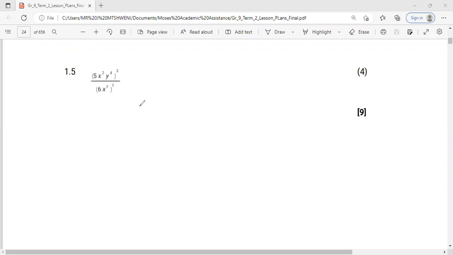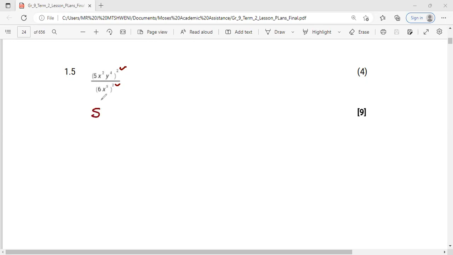We said whenever you see brackets, you multiply everything inside the bracket with the exponent that you have been given. Firstly, we start with the numerator, the one on top, which is 5.